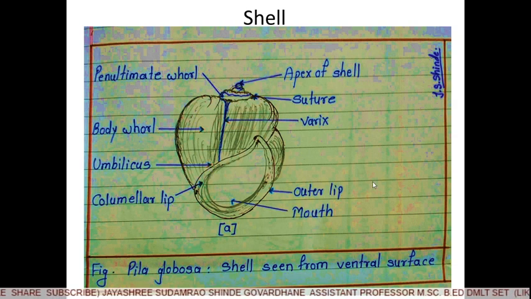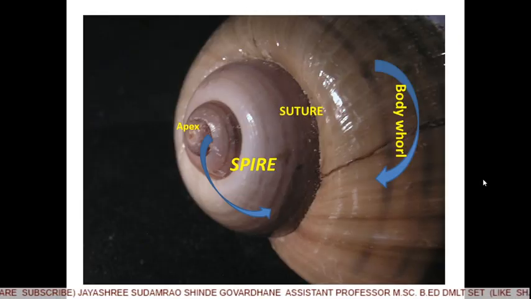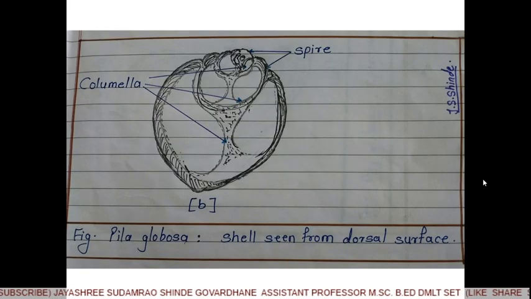Now orientation. See again columella. This is spire. In previous slide we have seen what is spire. Spire is the structure or all the whorls except the body whorl, all the whorls called spire.